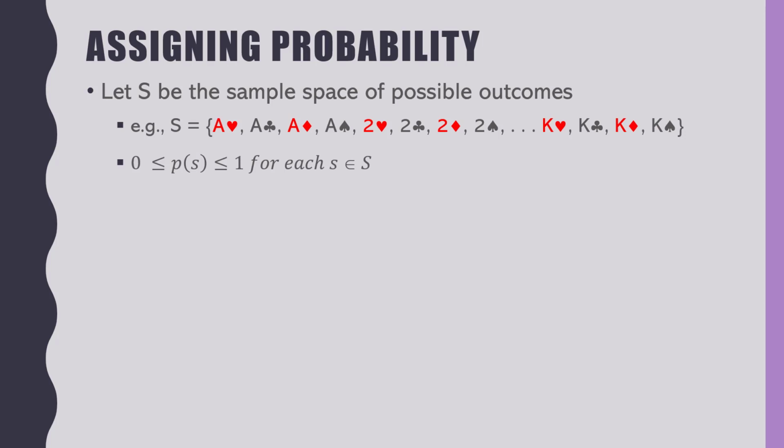For every single little s, every single element of the big set, the probability of that being the chosen thing, the event, is going to be between 0 and 1. We already kind of know this. Because remember, any given event will be a subset of the original set S. So just getting an ace of spades or hearts or diamonds, that is a subset.